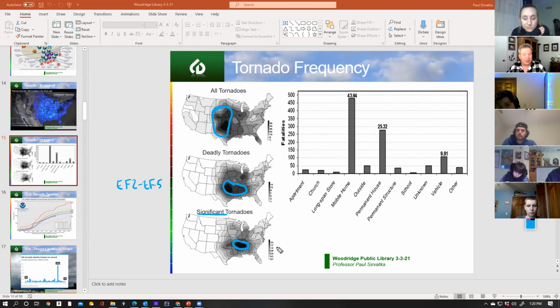So tomorrow is a perfect typical setup for March, and that's where the significant tornadoes, and the deadly tornadoes, are very, very common. So we call this Tornado Alley. You could even say Tornado Alley goes through Illinois, but this area is a slang name we call Dixie Alley.